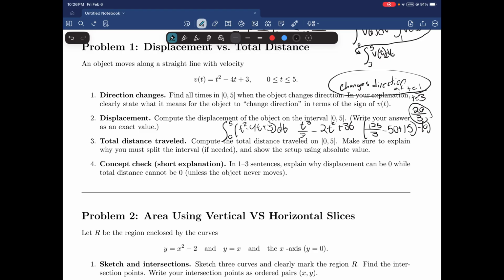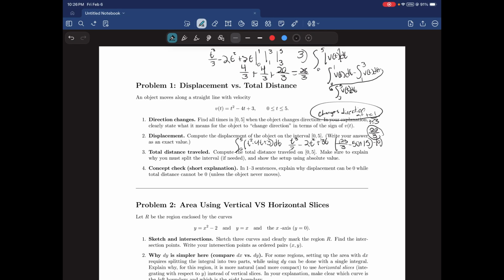So if it moved a bunch and then came back to the same spot, the displacement would still be 0. And then total distance is how much it traveled in total. So it would count however much it went and however much it went back. That's why you need the absolute value. That's what I was thinking. Okay, there is number 1.